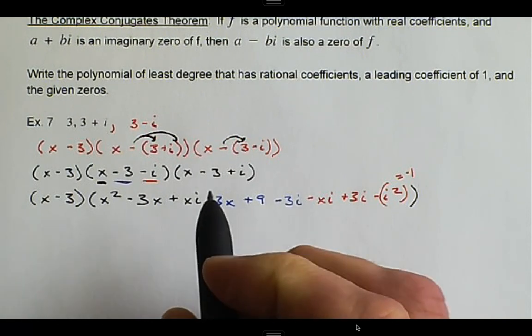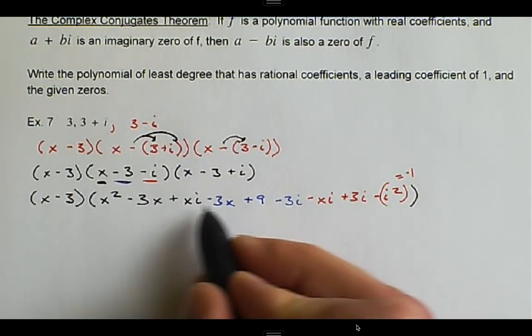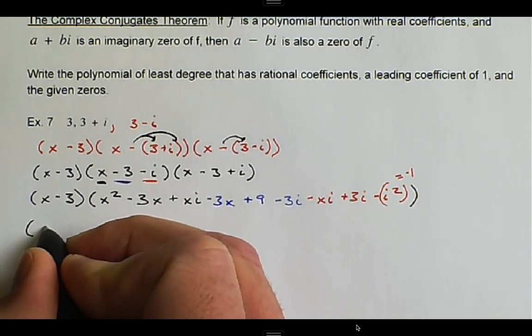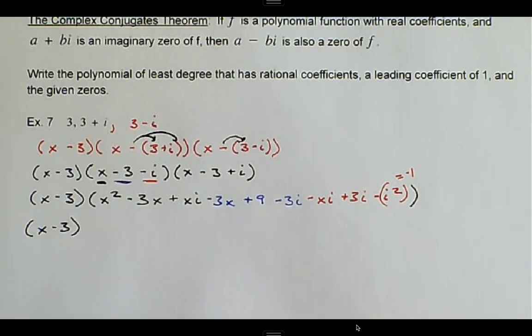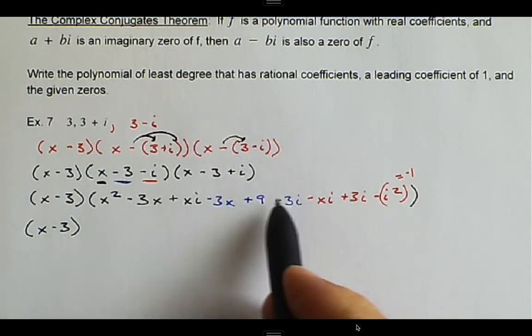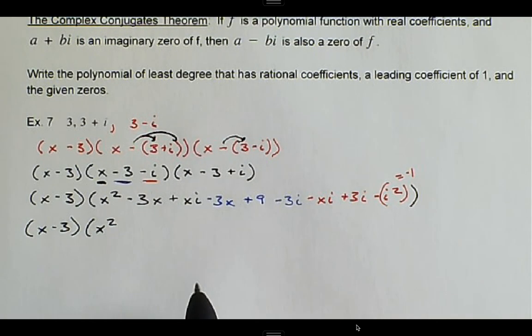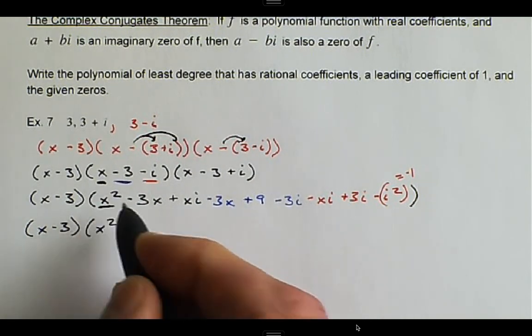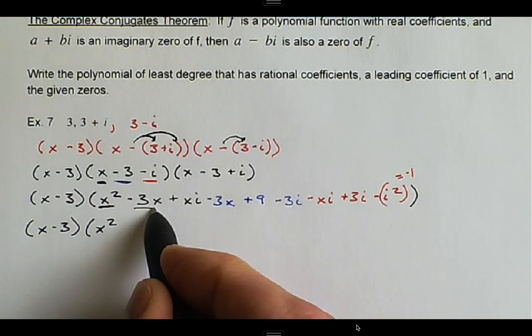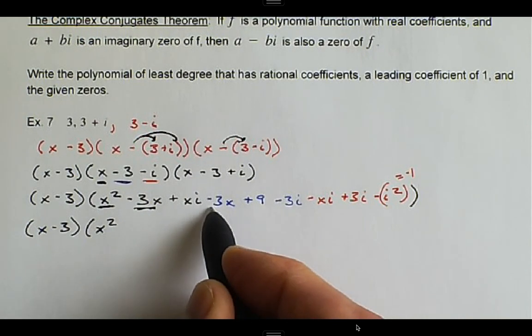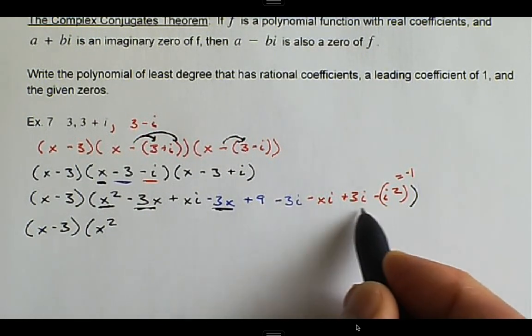Let's start simplifying our polynomial over here. So we have our x minus 3. That's going to stay out front. We only have one x squared term, so we can write down x squared. Then next thing we come to is our linear term. We have a negative 3x and a negative 3x, and no more.